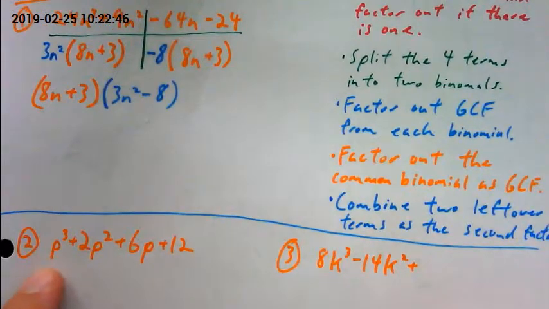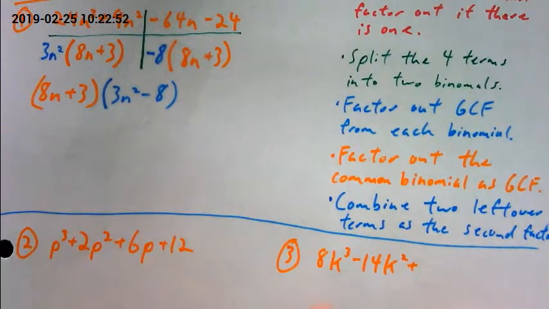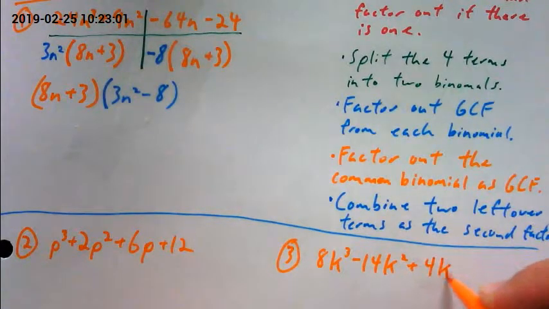So this was p cubed, so to the third power, plus 2p squared, plus 6p plus 12. And on this next one we have 8k cubed minus 14k squared plus 4k minus 7.